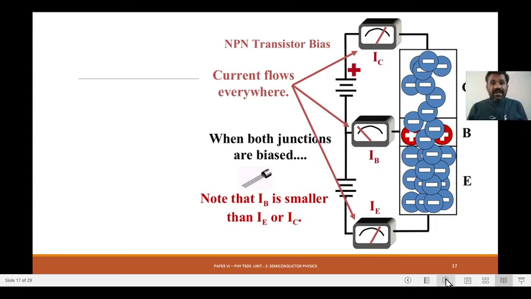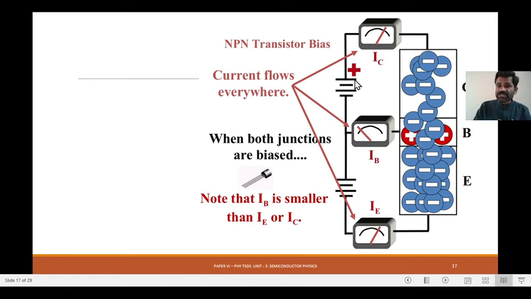And let's take an example. Two situations are taken together. What are the two situations? The collector base junction is also biased, and the emitter base junction is also getting biased. How is it getting biased?